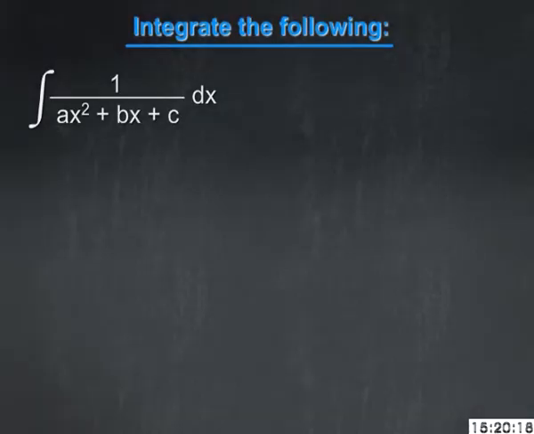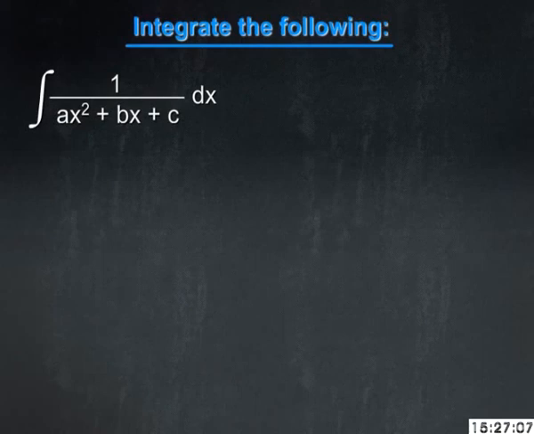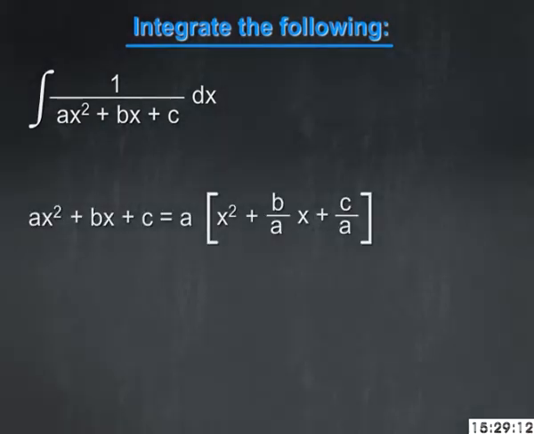Now to find the integral of 1 upon a x square plus bx plus c with respect to x. Here, the denominator is a quadratic equation. So first of all, we will write it in the perfect square form.